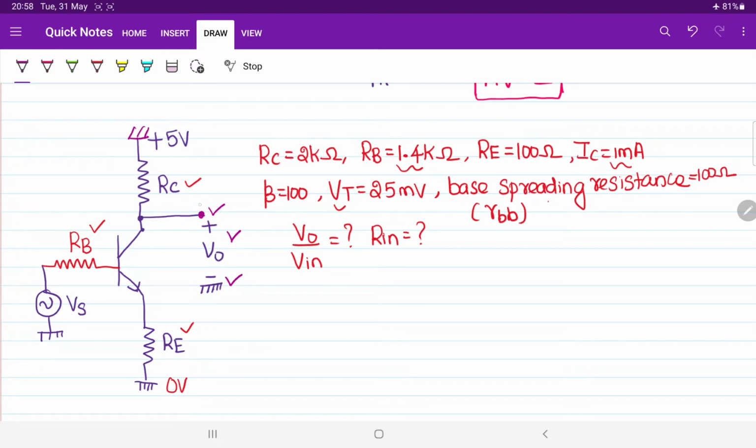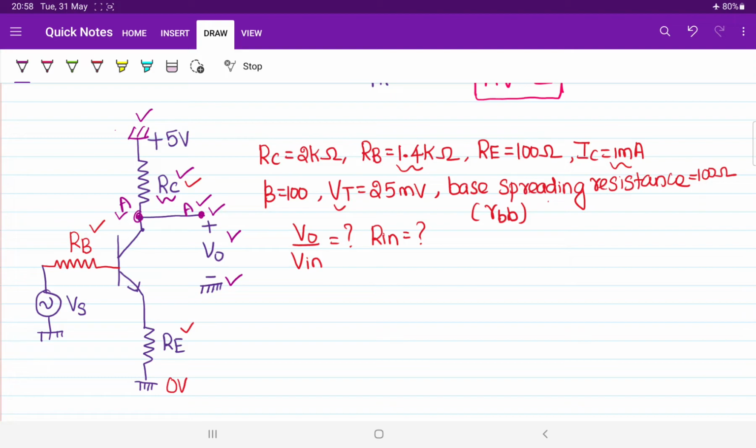Collector resistance RC is also connected between this terminal and ground. If I call this terminal A, between A and ground we have the resistor RC, and between the same terminal A and ground we have the voltage V0. So V0 is nothing but the voltage that we are measuring across RC only.